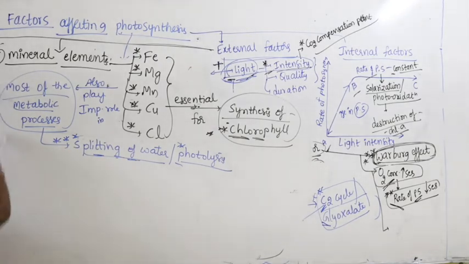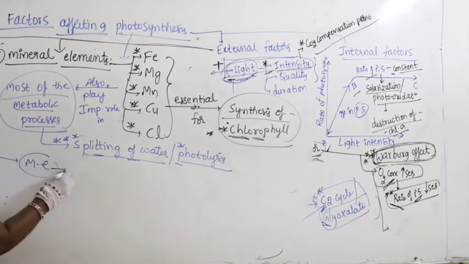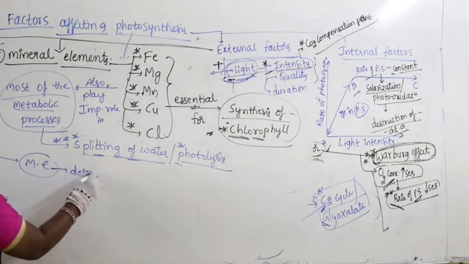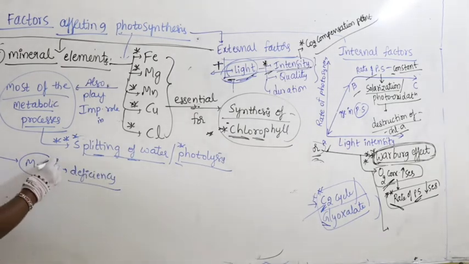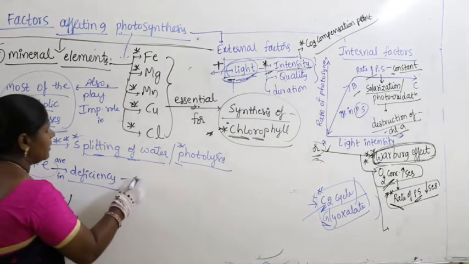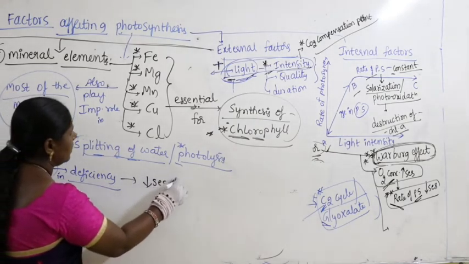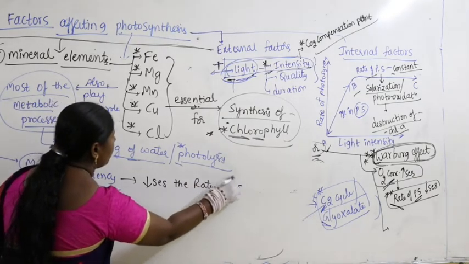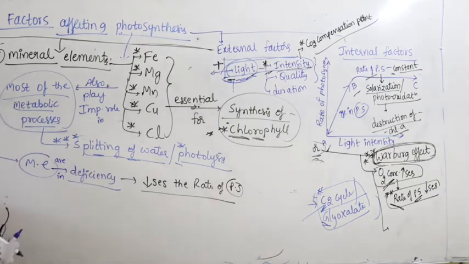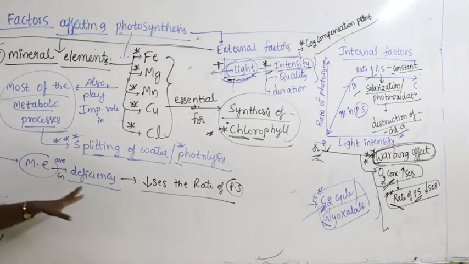Whenever there is a deficiency of mineral elements, that definitely decreases or declines the rate of photosynthesis.